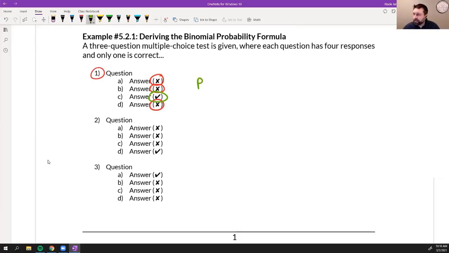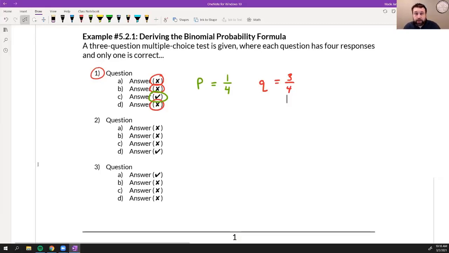So what is the probability of getting the question correct? 1 out of 4. What's the probability of getting the question incorrect? Now, you could use the idea of a complement, or in this situation, it's easy to just count them, 3 out of 4. So we have 3 trials. The probability of each trial being correct is 1 out of 4. The probability of each trial being incorrect is 3 out of 4.